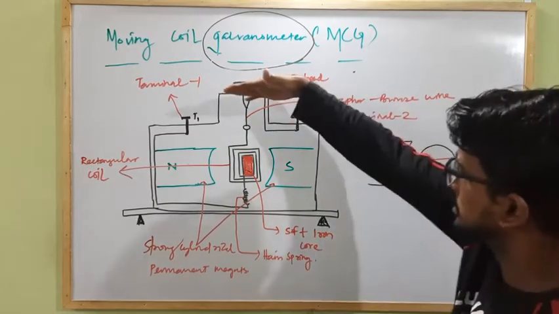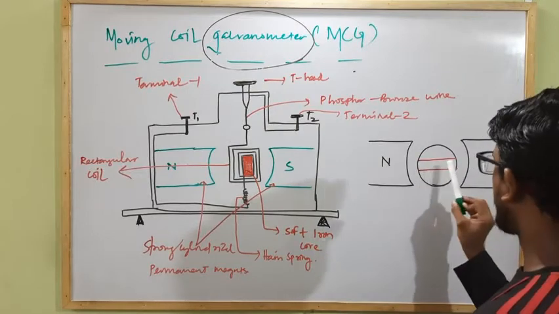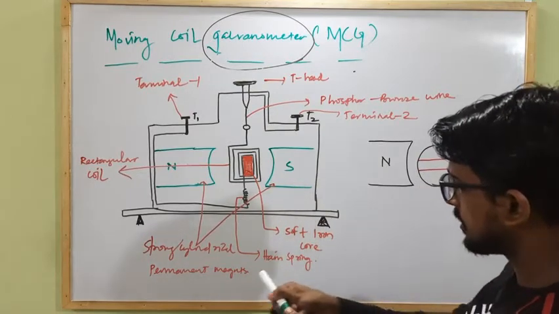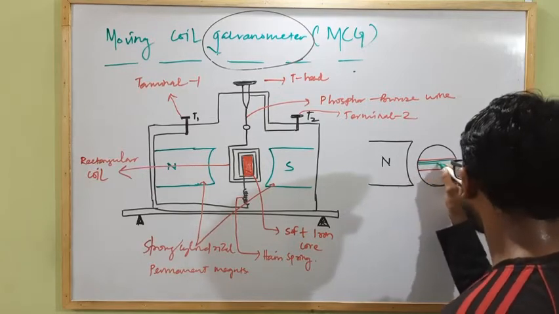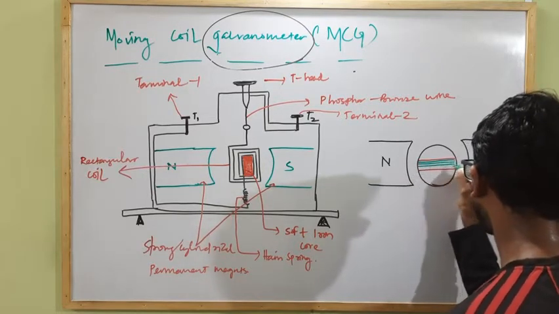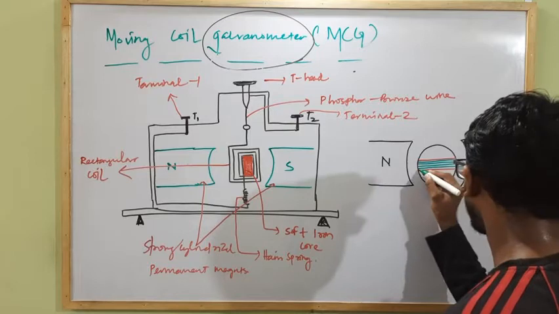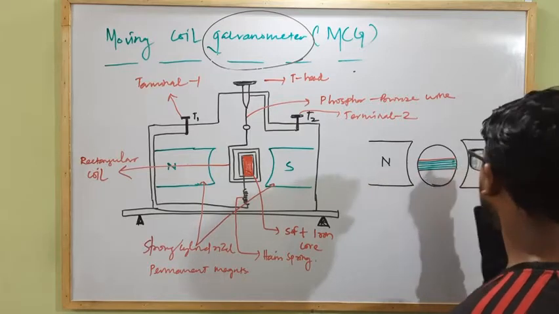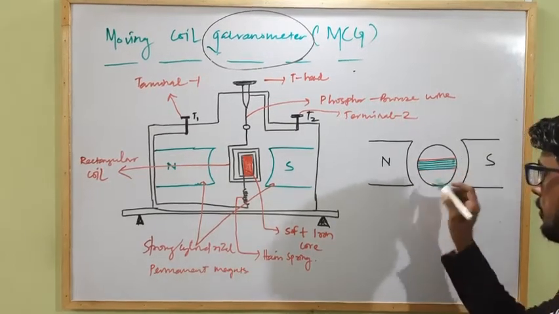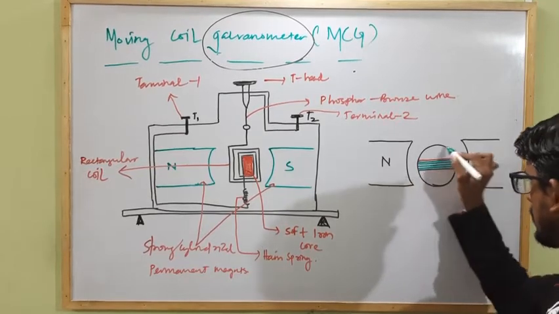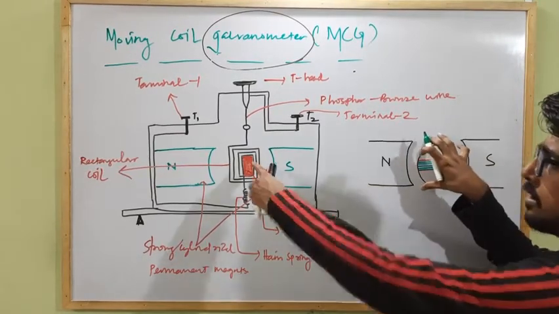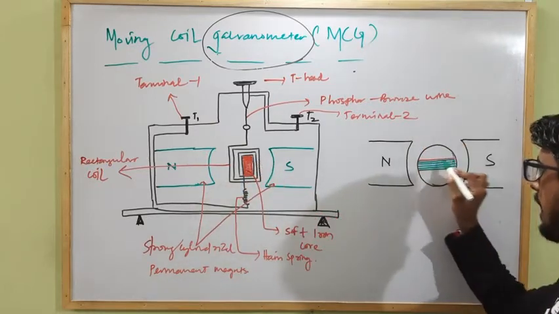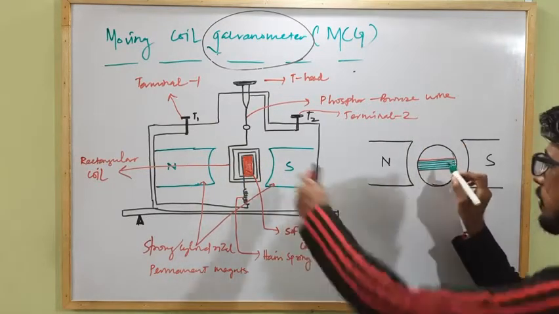I am showing it from the top. This is the core on which the coils are wrapped with a large number of turns like this. These are the large number of turns on this complete cylindrical core, on which there is a large number of turns of the rectangular coil.